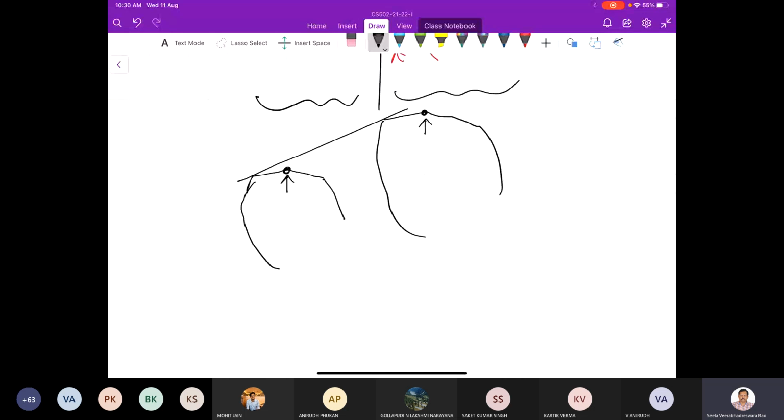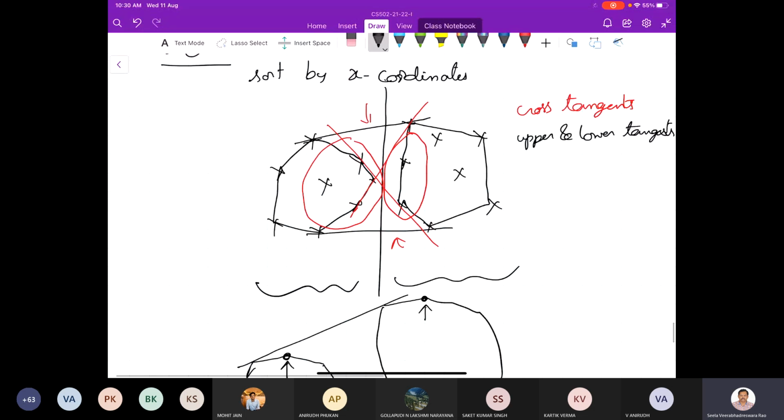Generally what happens in geometry is that when you look at one example, some statement looks correct. Of course, with respect to this example, the statement is correct. But when you are making a statement, it has to be true for any possible scenario. So we have to look at various possible input instances and see whether this works or not.